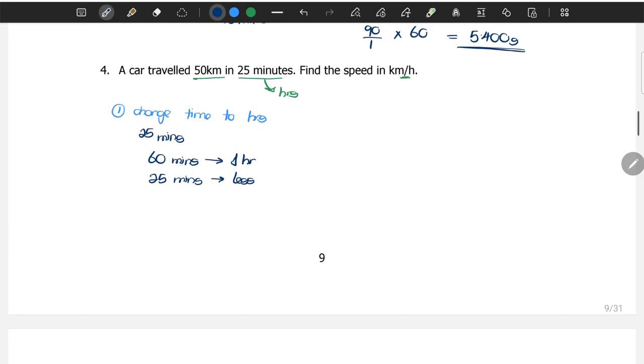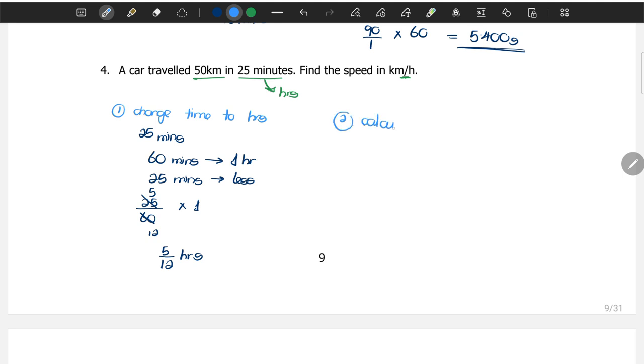Since 25 is less than 60, it's going to be 25 over 60 times 1. And then when we simplify this, 5 into 25 is 5, 5 into 60 is 12. So that means 5 over 12 hours, right? That's 25 minutes.